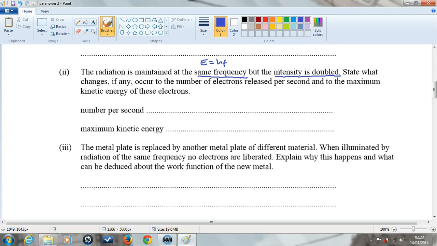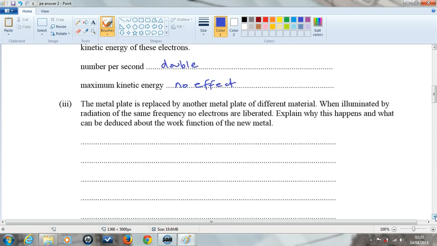If you double the intensity, you double the number of photons, and since each photon has got enough energy to release an electron, you would double the number per second being released. However, the intensity has no effect on the energy, so there's going to be no extra energy to give the electrons, so there'll be no effect on the energy of our released electrons.